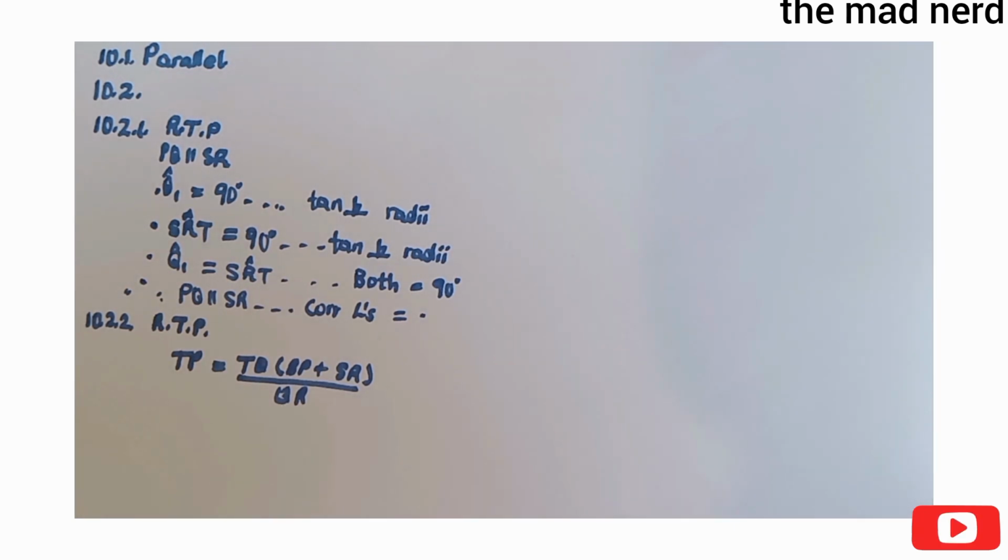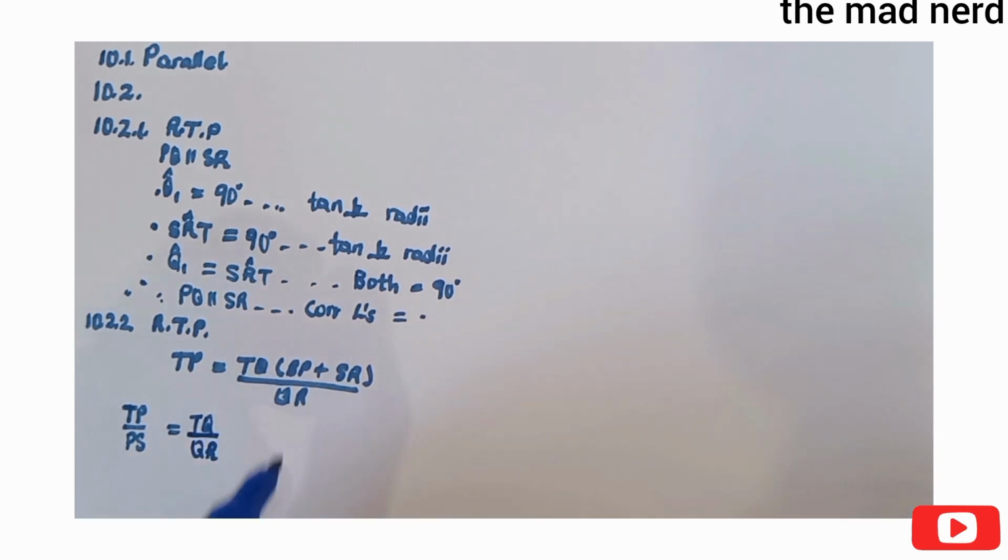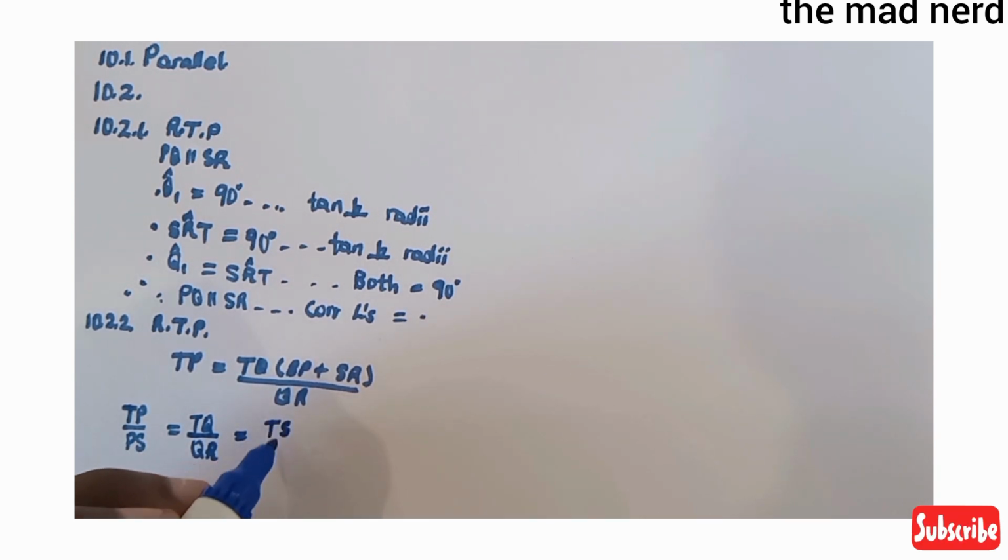So let's take a look, since we proved that they are parallel in the previous question. On the corollaries, we can now say TP over PS is equal to TQ over QR, and is equal to TS over TR.